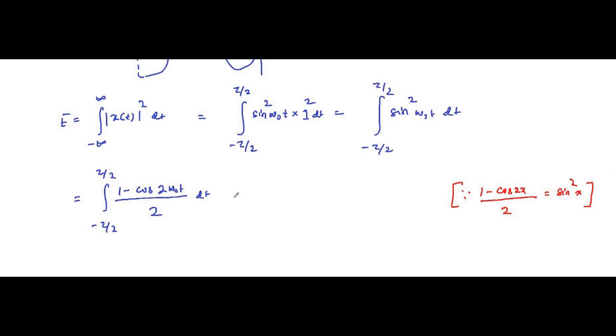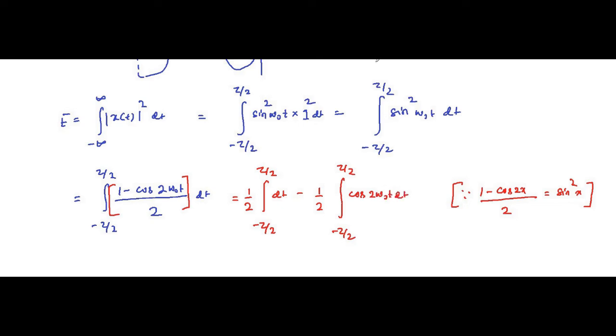This will be equal to the integration, with 1 by 2 taken outside, of minus tau by 2 to tau by 2 dt, minus 1 by 2 times the integral of cos 2 omega 0 t dt.